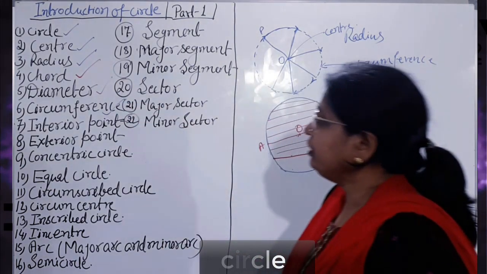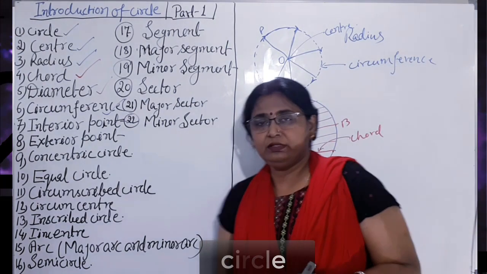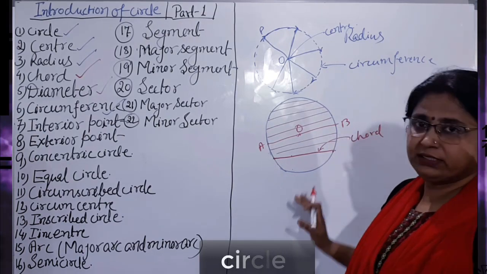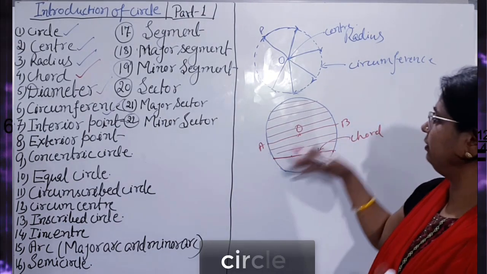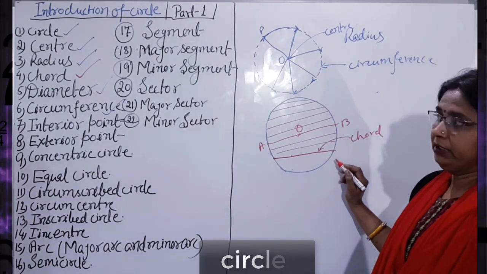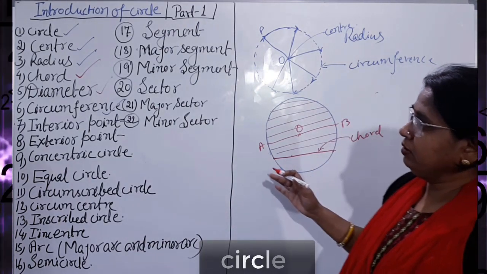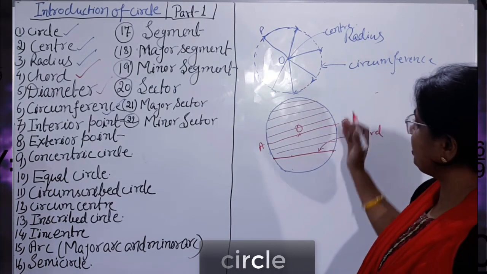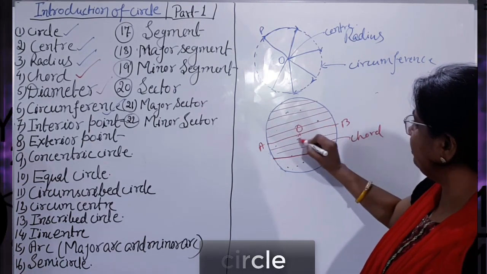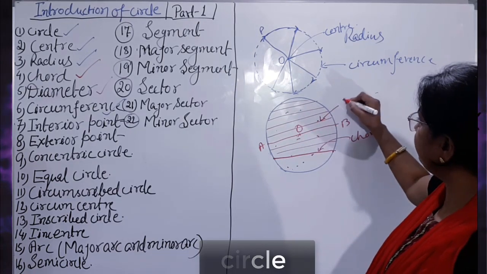Circumference, diameter. Interior point. There are infinite number of points around the circle: inside the circle, outside the circle, on the circumference of the circle. All those points which are inside the circle are called interior points.